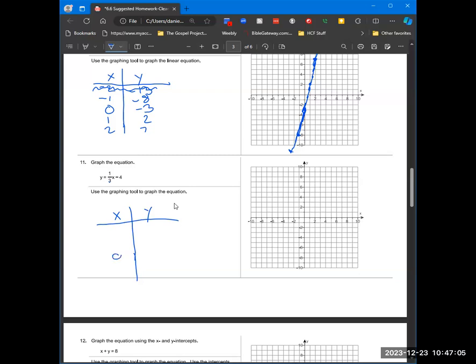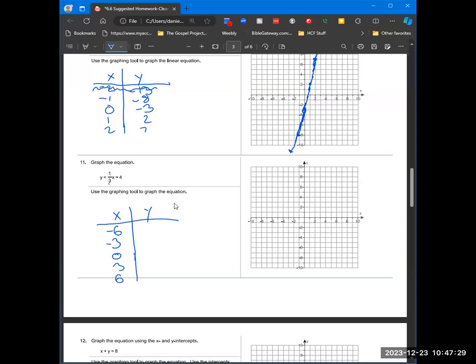I'm going to choose 0, but then the next point that I'm going to choose is going to be 3, and then 6, and I want -3 and -6, so that I'm choosing multiples of 3, this denominator. That way the 3 will cancel out with the multiple of 3 and give me an integer value to add to another integer value, and I'll get an integer, and it'll fall right on my grid coordinates.